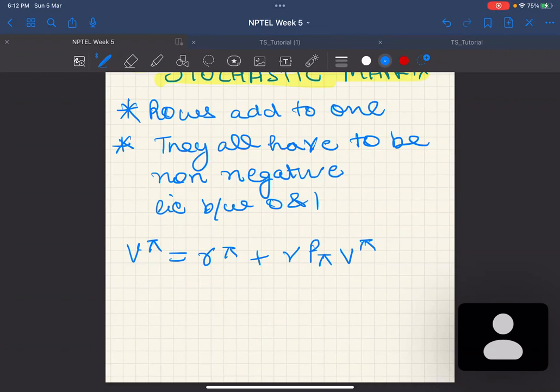Gamma into what is this? P pi. R pi means reward. This is the one step transition function, the reward for one transition. This is the final cost. Basically, the V pi.